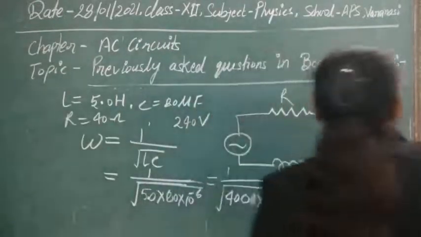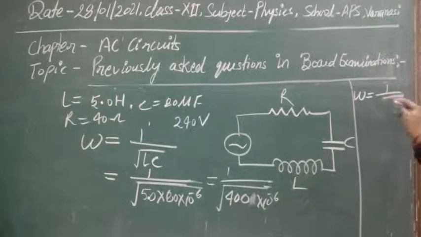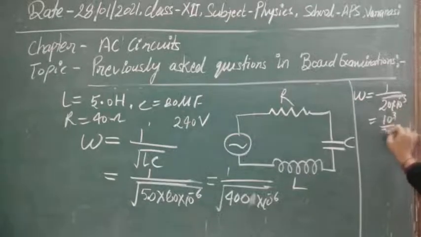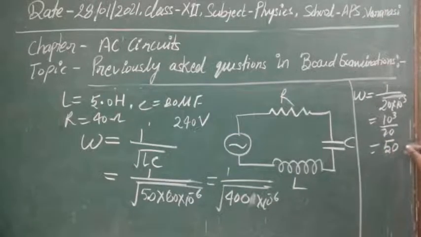So this omega will be obtained as 1 upon root of 20 × 10^-3, or if you solve it, this will be 20. Again, if you solve it, this will be equal to 50 per second.